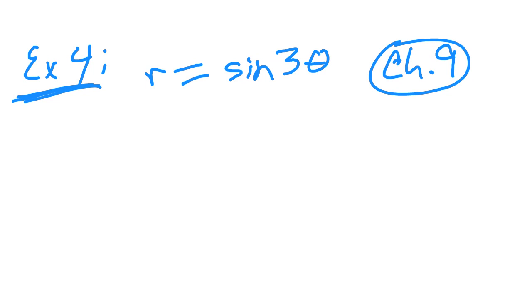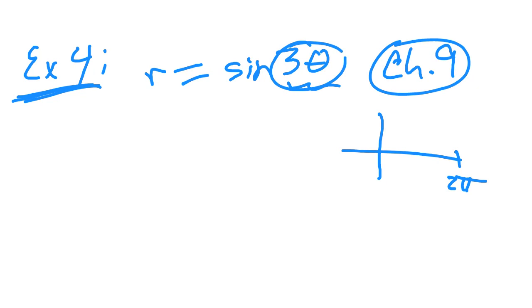But how many leaves are there on sine 3 theta? Was there 3? You remember? Yeah, nice. I think so. And how did we come up with that quickly and easily? We said, hey, sine of 3 theta. Well, normally I go out to 2 pi, but I got to have whatever times 3 is 2 pi.